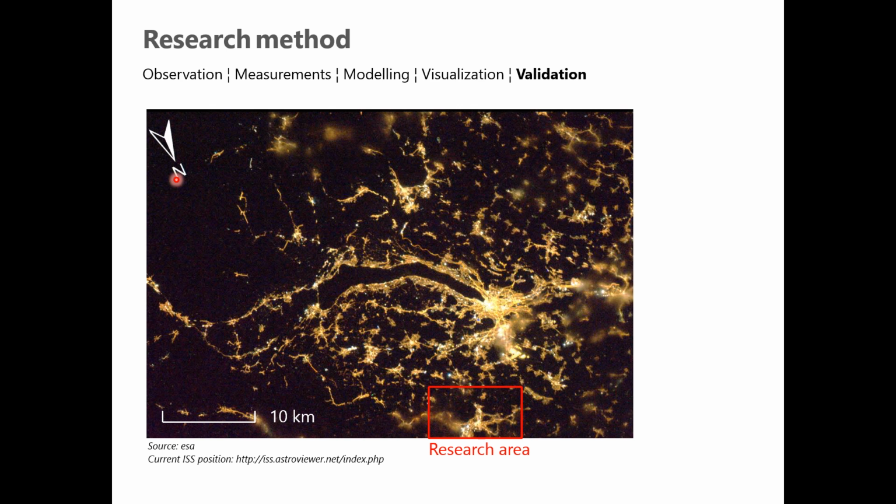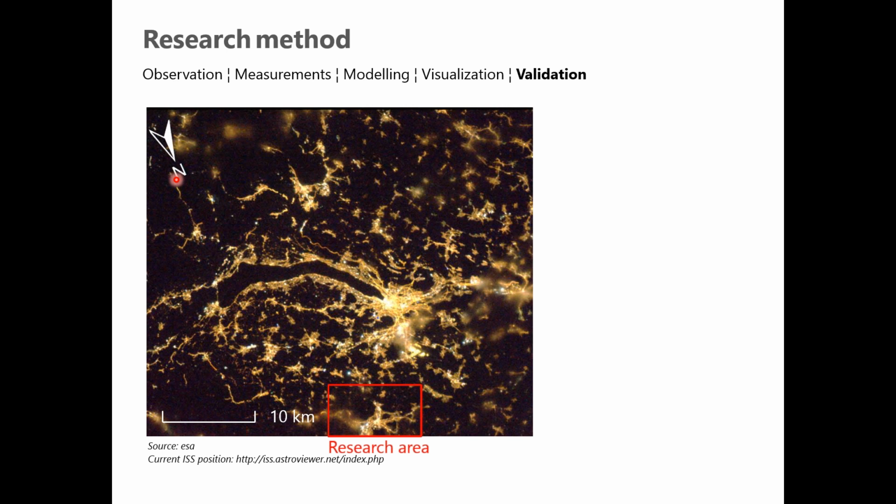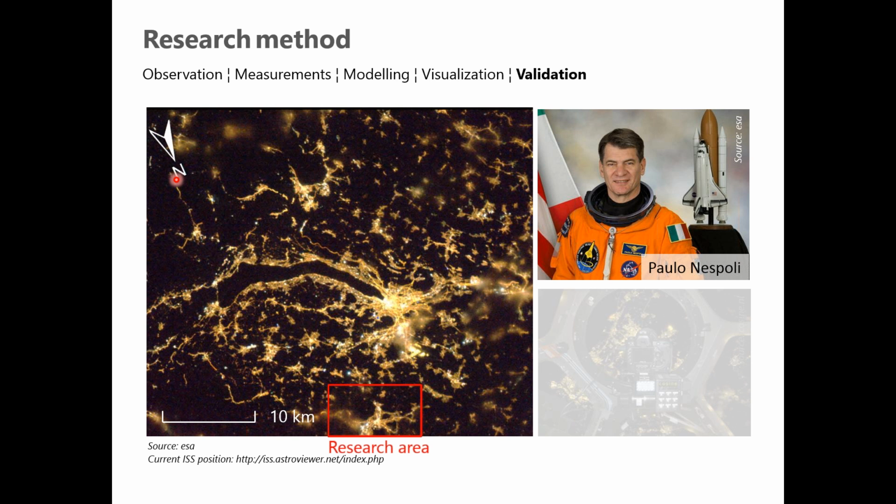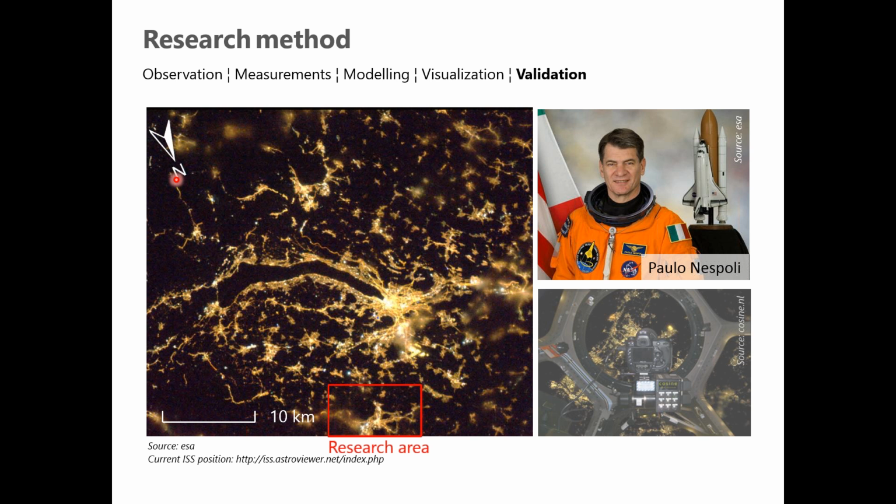Finally, I wanted to understand whether my calculations are also valid. I was looking for a good reference image, which was really difficult to find. The only one I could find was by an astronaut, Paolo Nespoli from ESA.